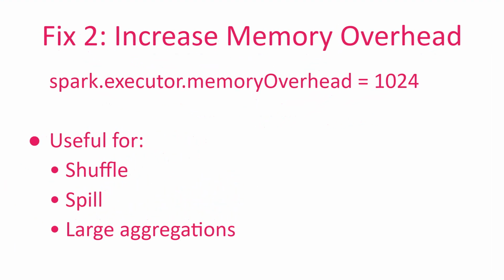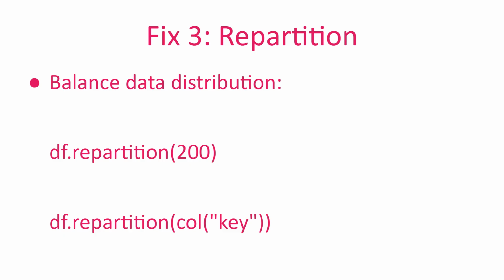Second fix is increasing memory overhead: spark.executor.memoryOverhead equal to 1024, that is MB. This is required during large shuffle or spilling, and is useful for shuffling, spilling and large aggregation. Third, repartitioning to handle large partitions.